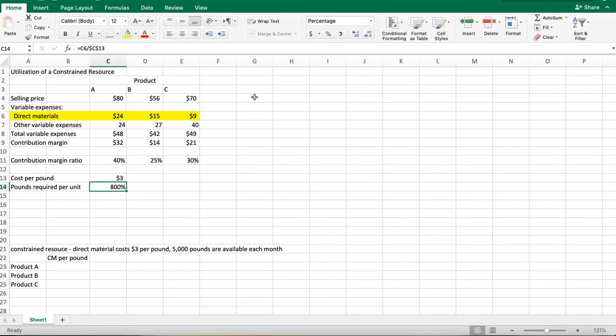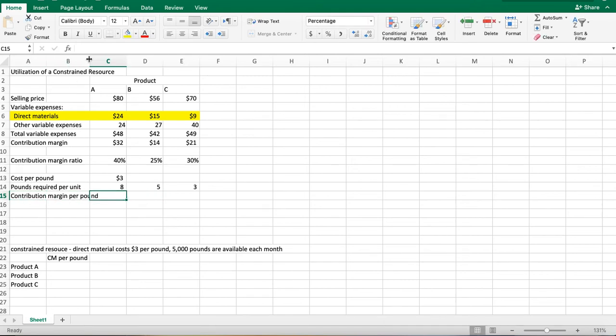And that is not a percentage. That is a whole number with no decimal places. And I should be able to carry that over. And I used my absolute cell reference with my dollar sign so that it would calculate that correctly. And then I can do my contribution margin per pound.